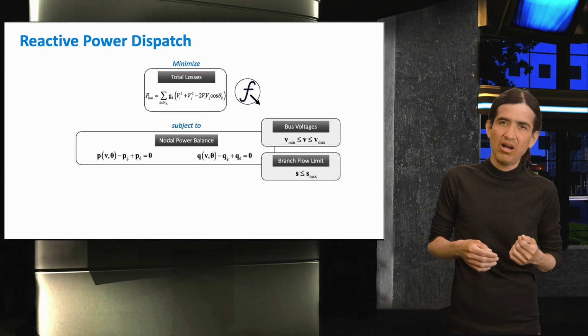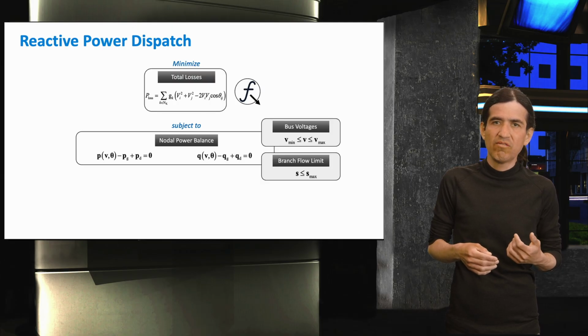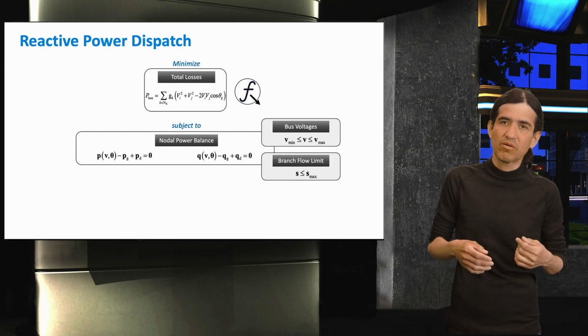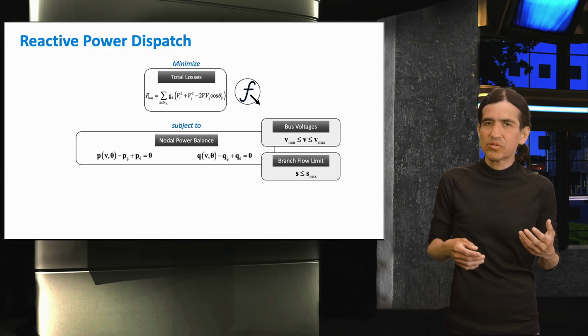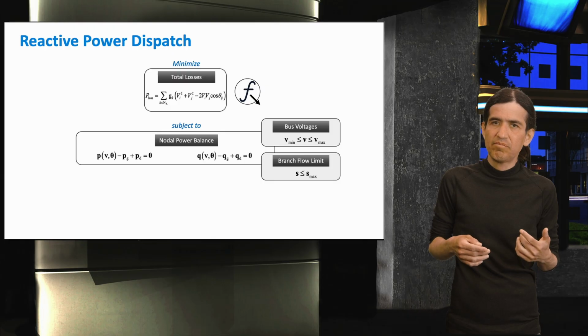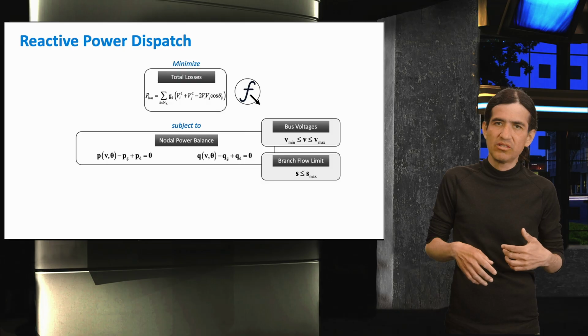Equality constraints are the reactive and active power flow equations, ensuring network balance, while inequality constraints include limits on bus voltages, generator reactive power outputs, transformer tap settings, and shunt compensation devices.